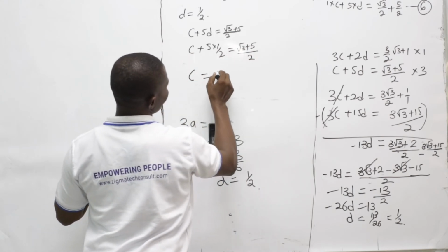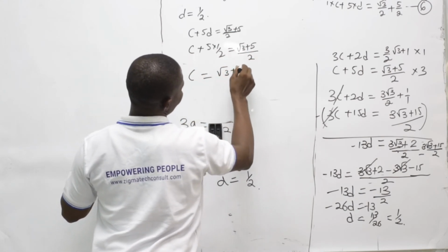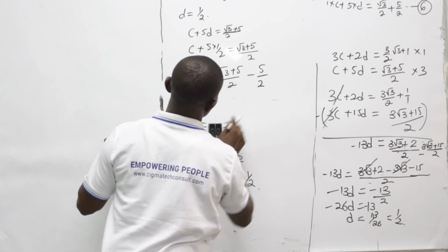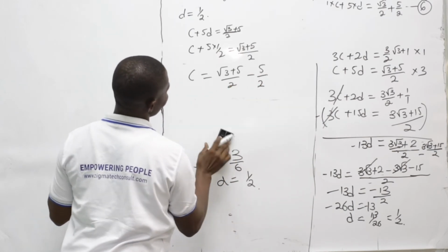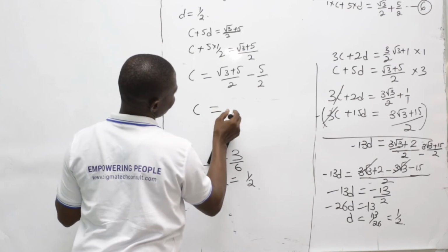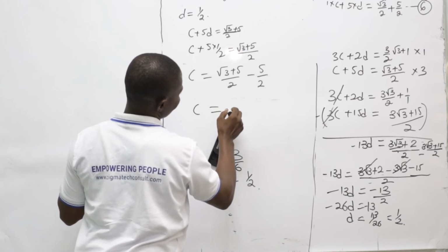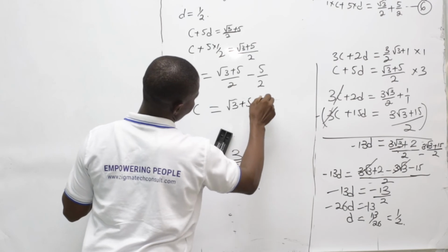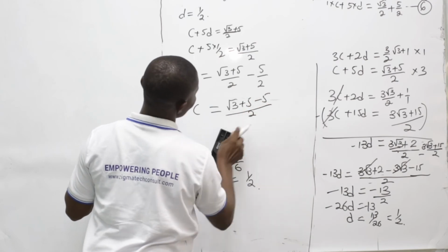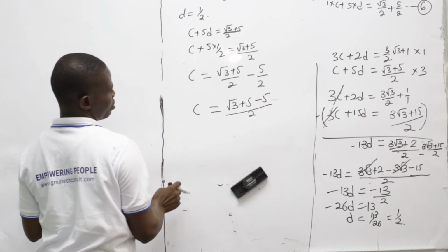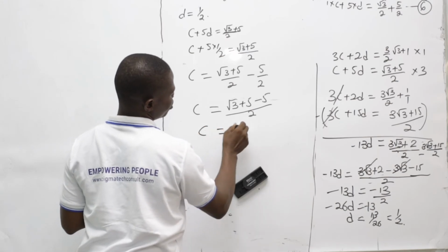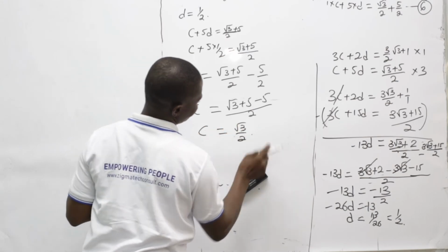C equals (√3 plus 5) over 2 minus 5 all over 2. This will give us C equals (√3 plus 5 minus 5) all over 2. What do we have now? We're going to have C equals √3 all over 2.